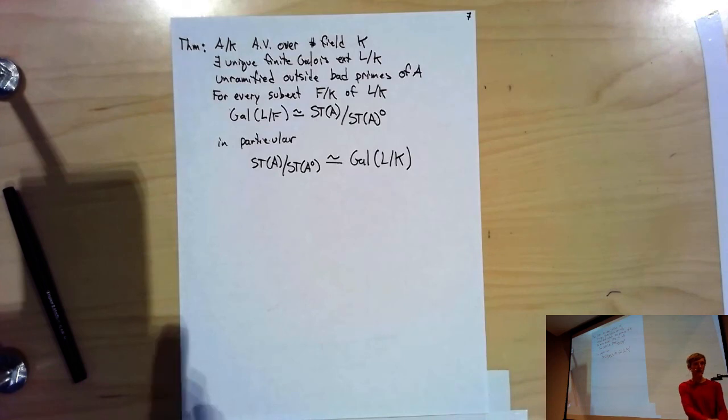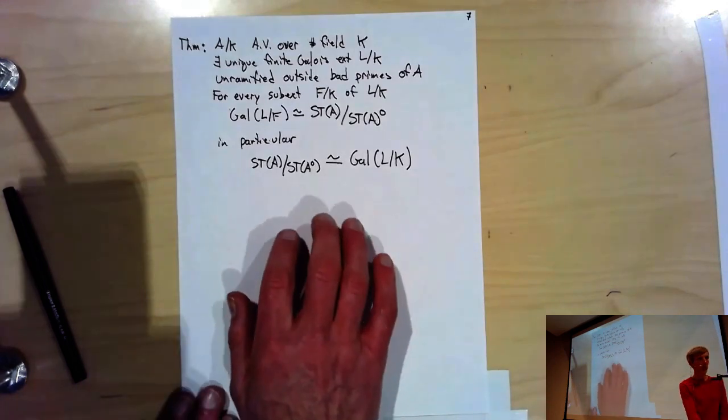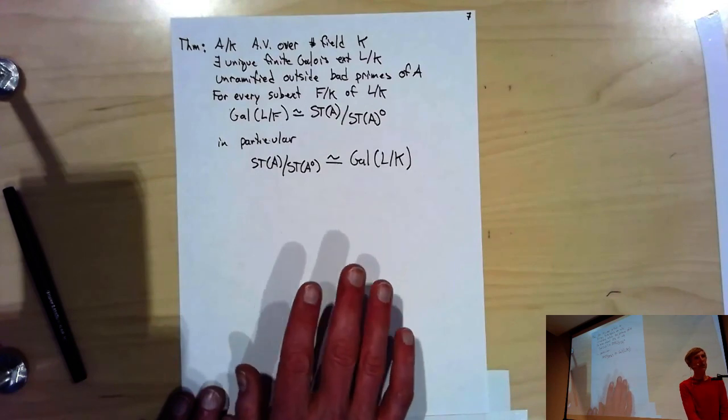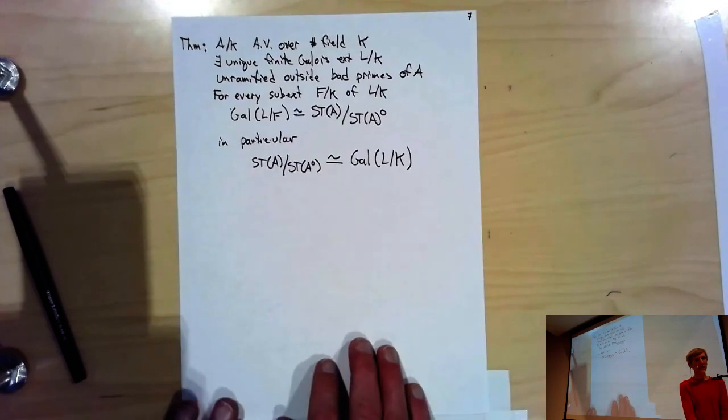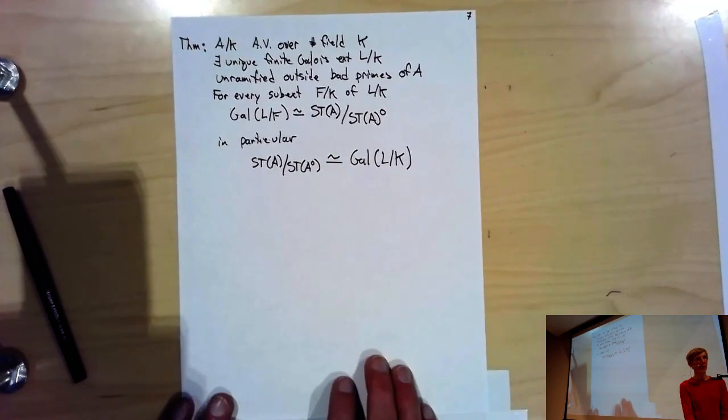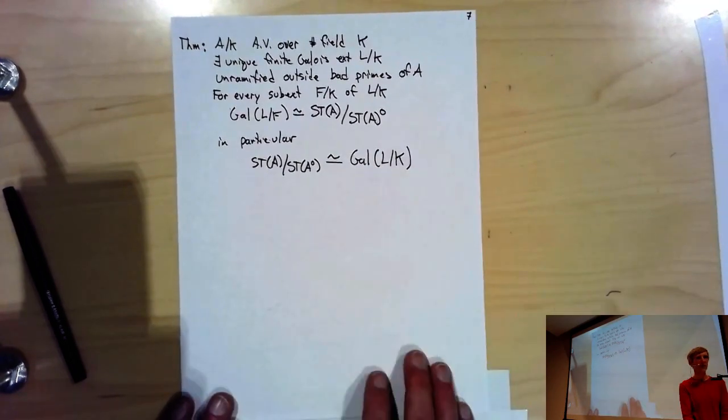If we had known this theorem when we were classifying the Sato-Tate groups in genus 2, it would have made our lives a whole lot simpler. So maybe I'll go through the proof at the beginning of the next lecture, because I do think it's remarkable, and it's a very simple thing to prove.